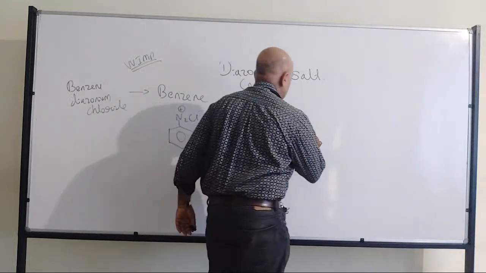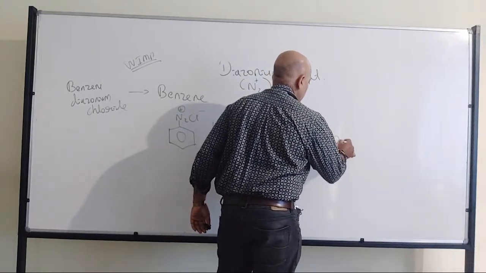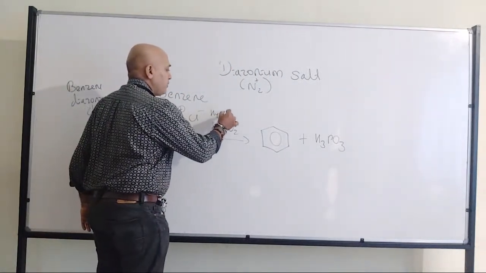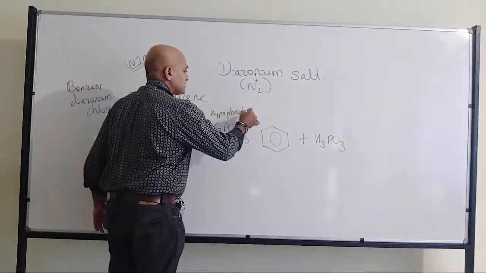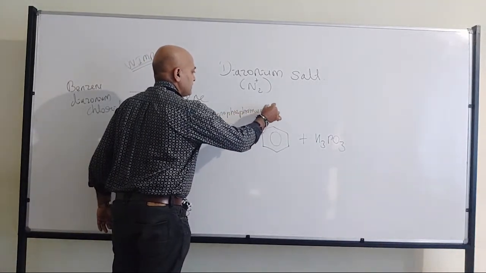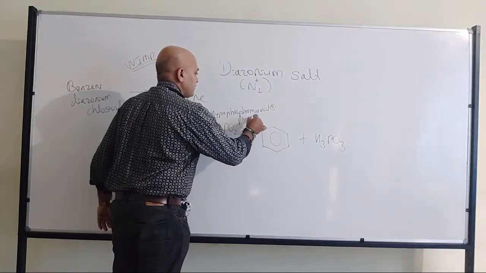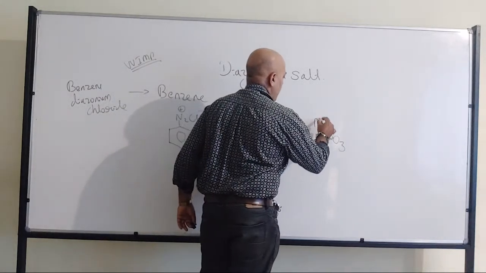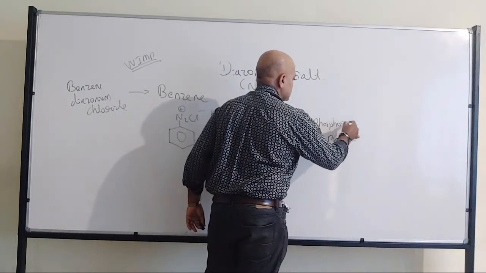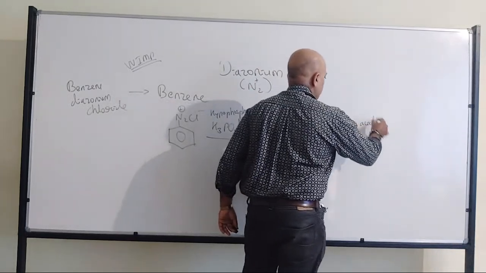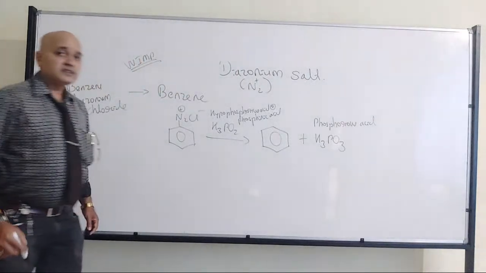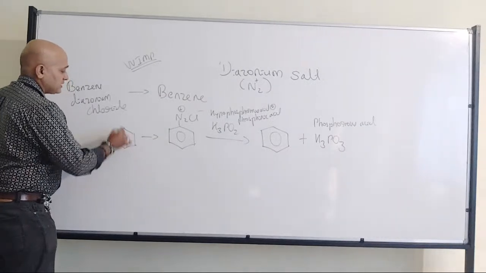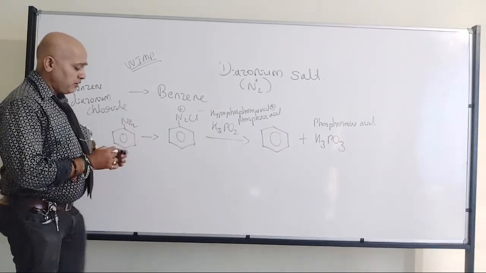And phosphinic acid itself will get converted into orthophosphorous acid. Right? So that's where we can convert aniline to benzene. This is the reaction. Conversion of aniline to benzene.